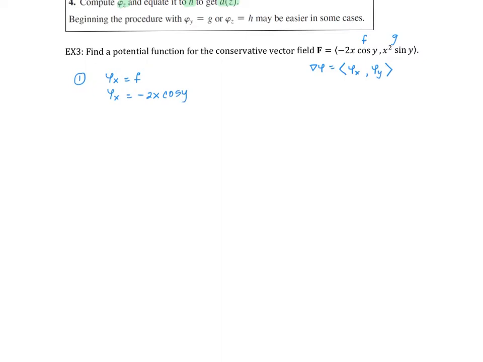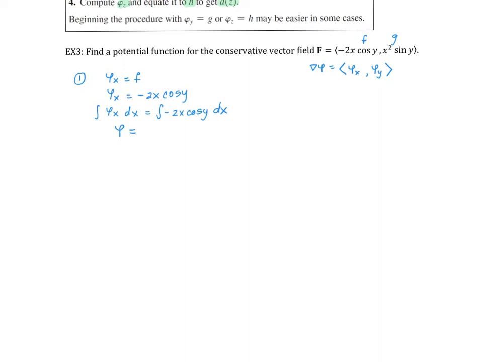But we don't want the partial derivative of phi, we want phi. So what we're going to do is integrate both sides with respect to x. Now once we do that, on the left-hand side, when you integrate the derivative, it cancels and you just get your function phi, which is what we wanted.